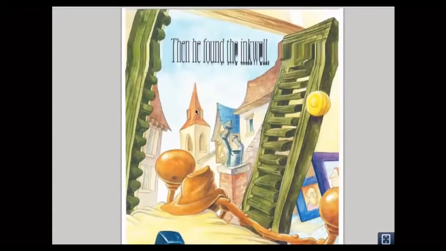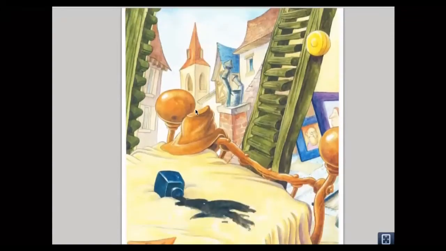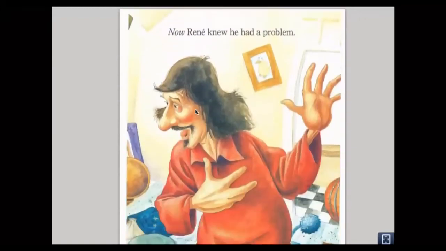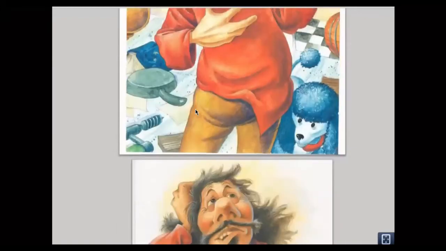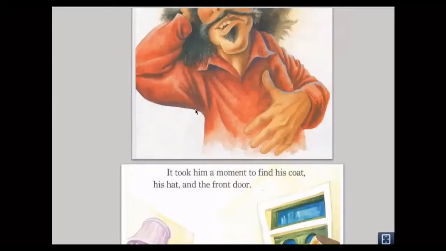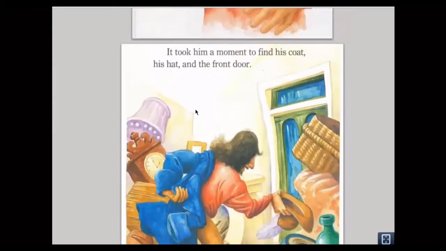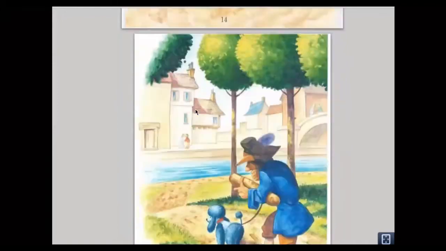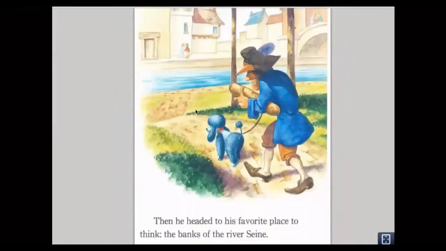Then he found the inkwell. Uh-oh. Now René knew he had a problem. It took him a moment to find his coat, his hat, and the front door. René went to his favorite bakery to buy a fresh loaf of bread. Then he headed to his favorite place to think, the banks of the River Seine.